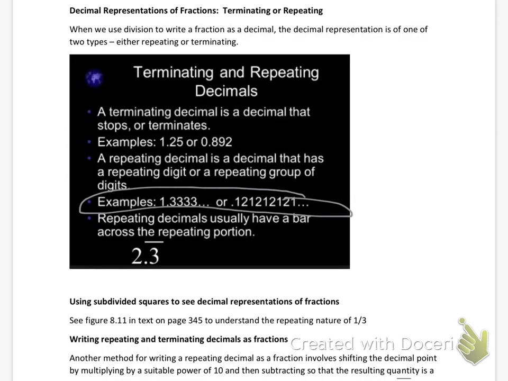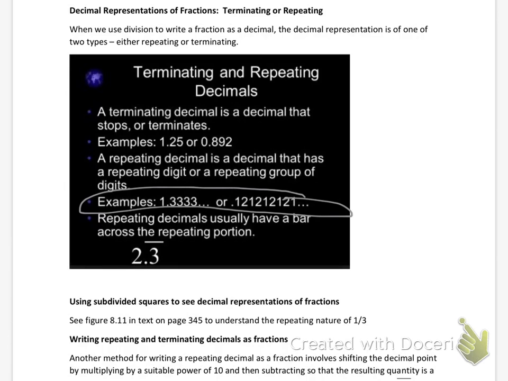Okay, using subdivided squares to see decimal representation of fractions. So if you look at figure 8.11 in the text on page 345, you will get a sense of how to graphically represent a repeating number of 1/3.